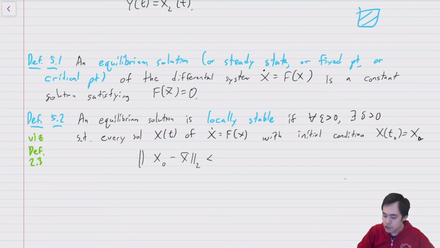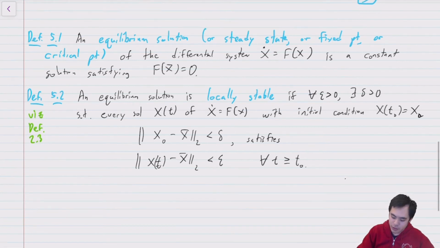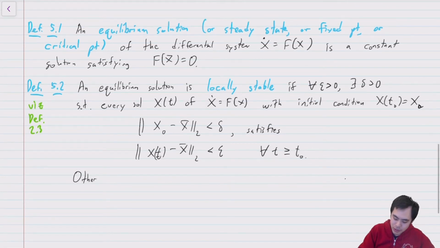So if the distance of the initial condition from our equilibrium is less than delta, then the distance of the trajectory, x of t, from that equilibrium never gets further than epsilon. So basically, if you start close enough to your equilibrium, you never go too far away. That's what it means to be stable, and otherwise it is unstable.